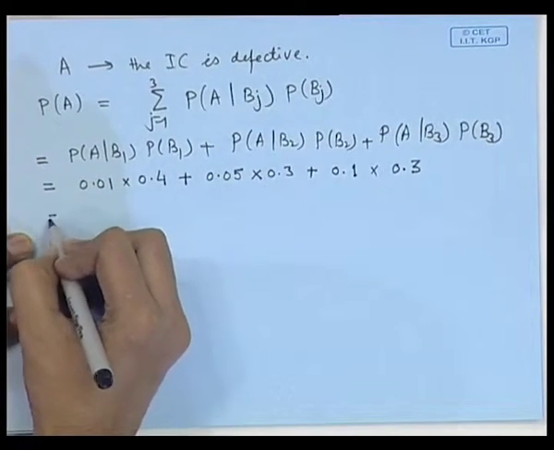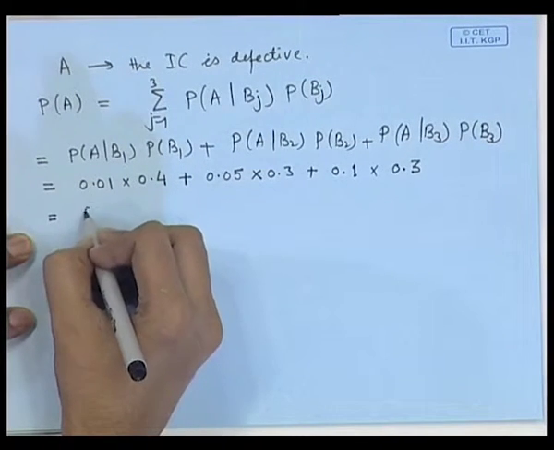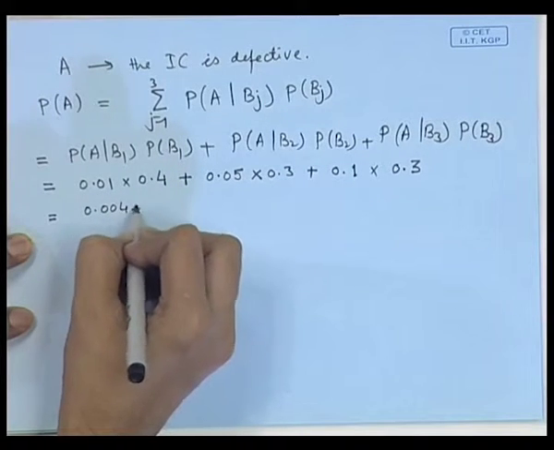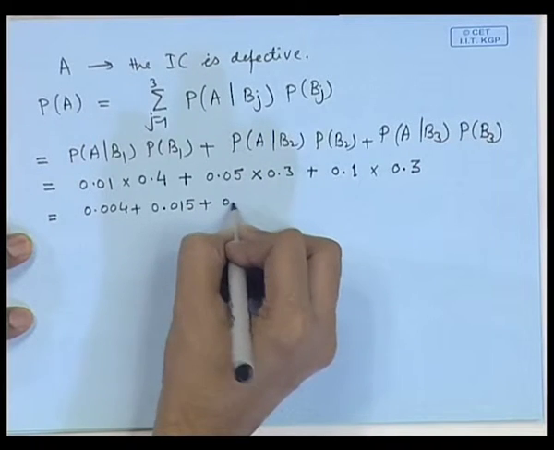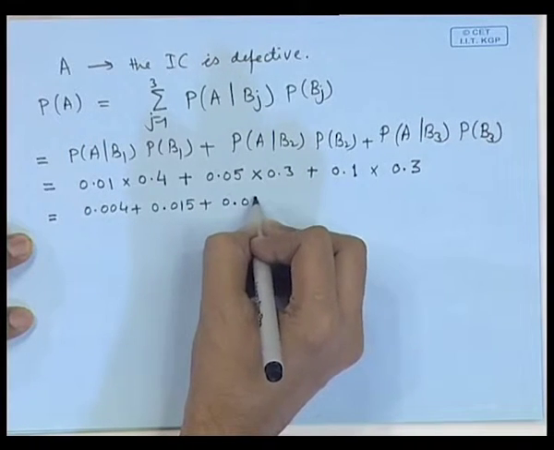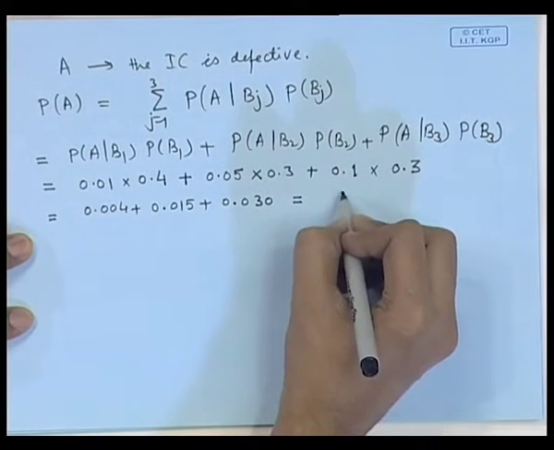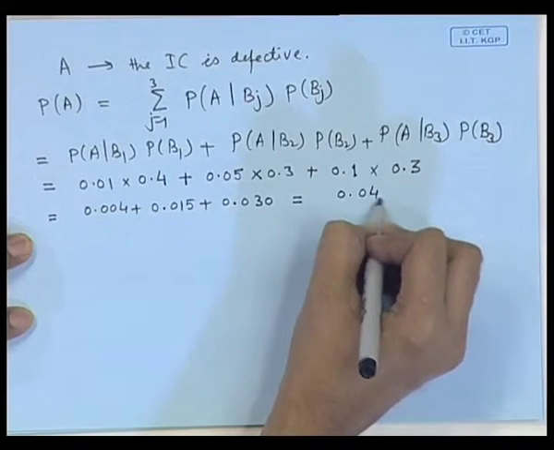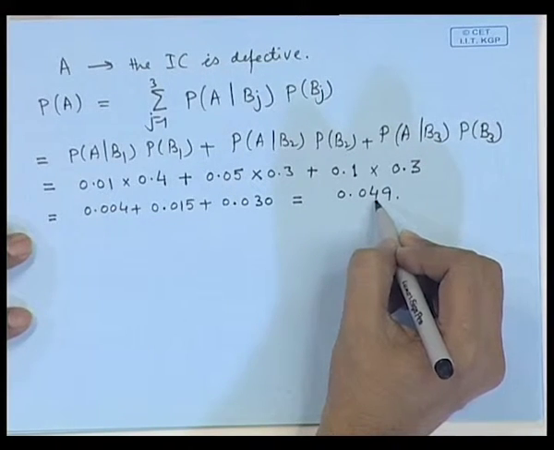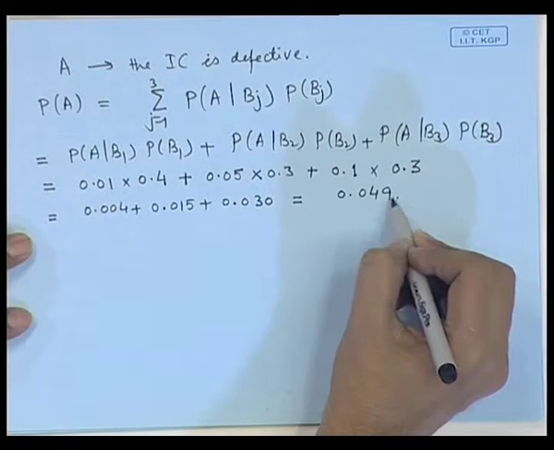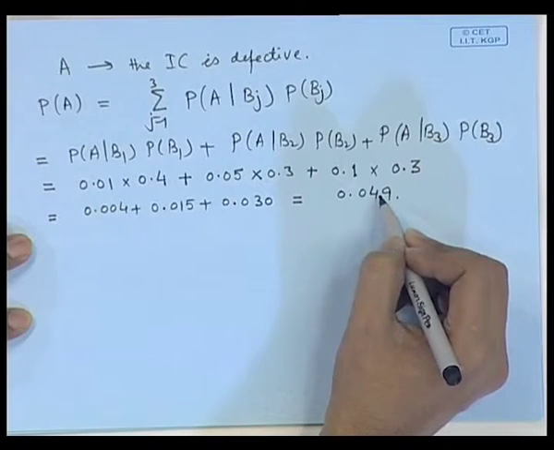So, eventually this turns out to be 0.004 plus 0.015 plus 0.03, which is equal to approximately 0.05.